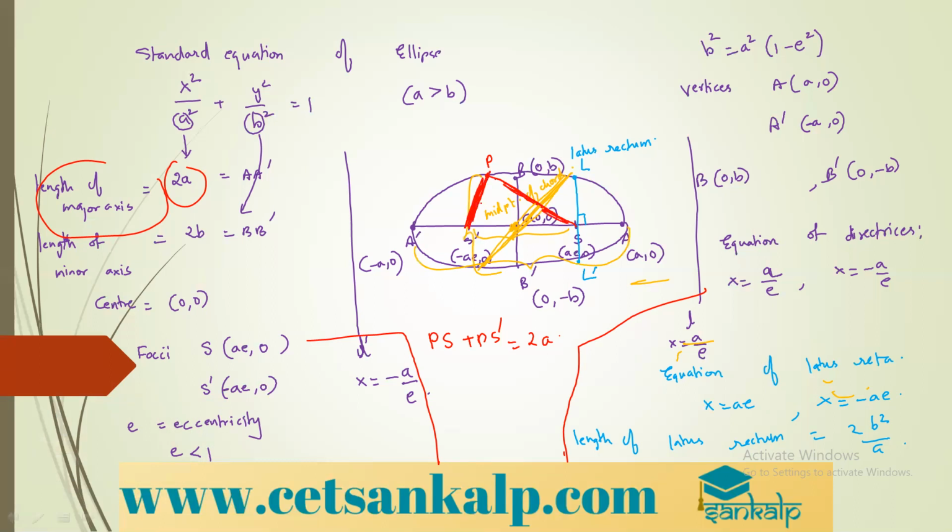This is S dash P. SP and S dash P are called focal distances of P. The measure of SP will be A minus EX1 and the measure of S dash P will be A plus EX1.